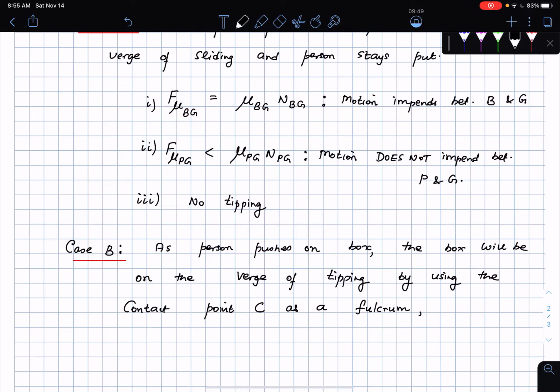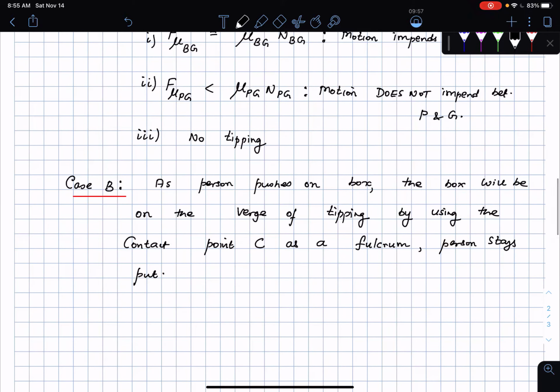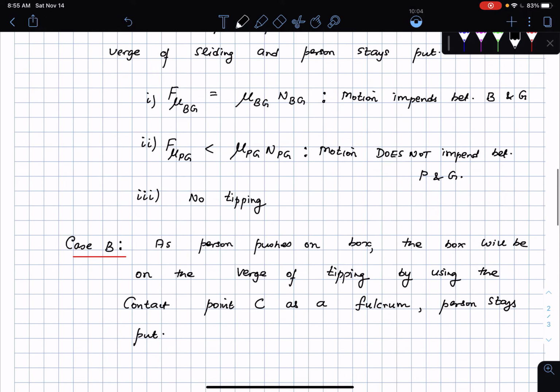Okay, and the person stays put. Okay, this is an important situation. Now, when there is no tipping motion taking place, here is the conclusion that you can gain from it.